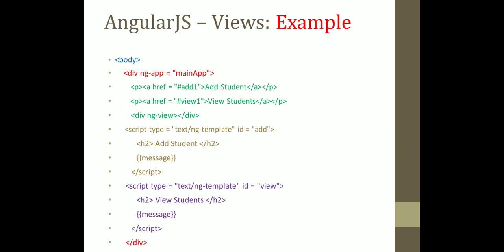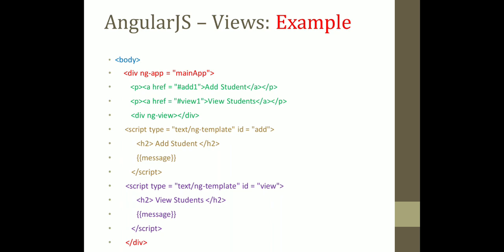So now we will see in the body tag we have included the ng-app directive. There we have created the main app, named mainApp, and here we have used two links. First is a href equals #addStudent, that is for add students, and another link with the href and anchor tag we have used is #viewStudents. Okay, #viewStudents. So we will see one by one how it will be displayed with different view patterns.